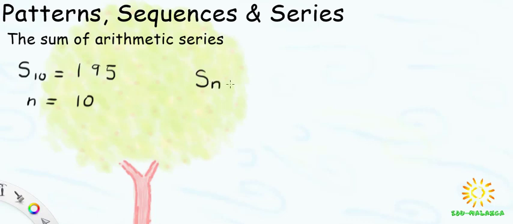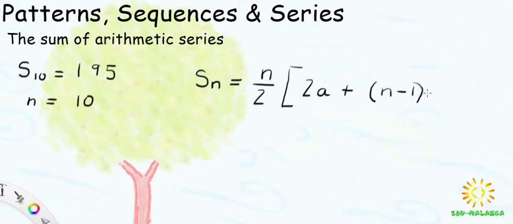Sn is equal to n over 2, open big brackets, 2a plus, and you open smaller brackets, n minus 1 times d, and then you can close all your brackets. So we're going to substitute in again everything that we have into this equation to come up with another equation.